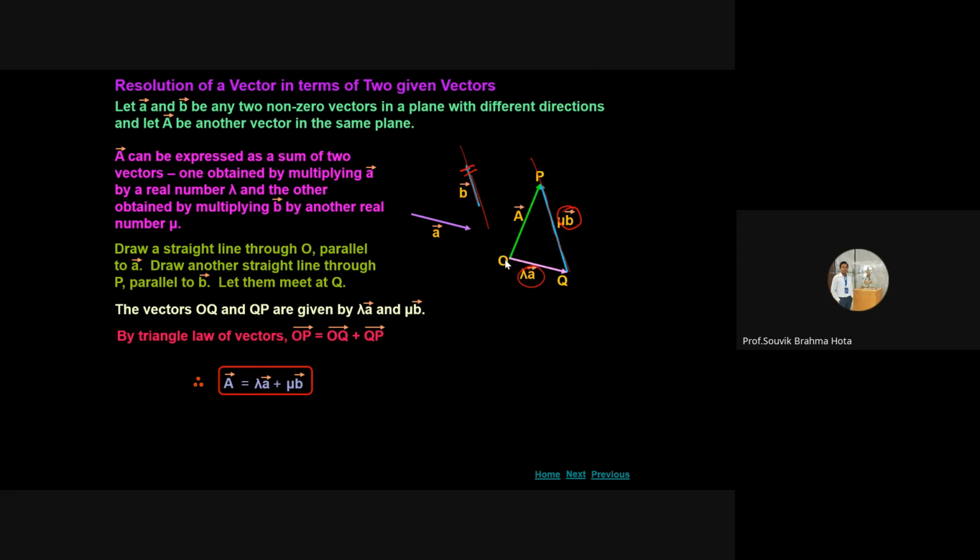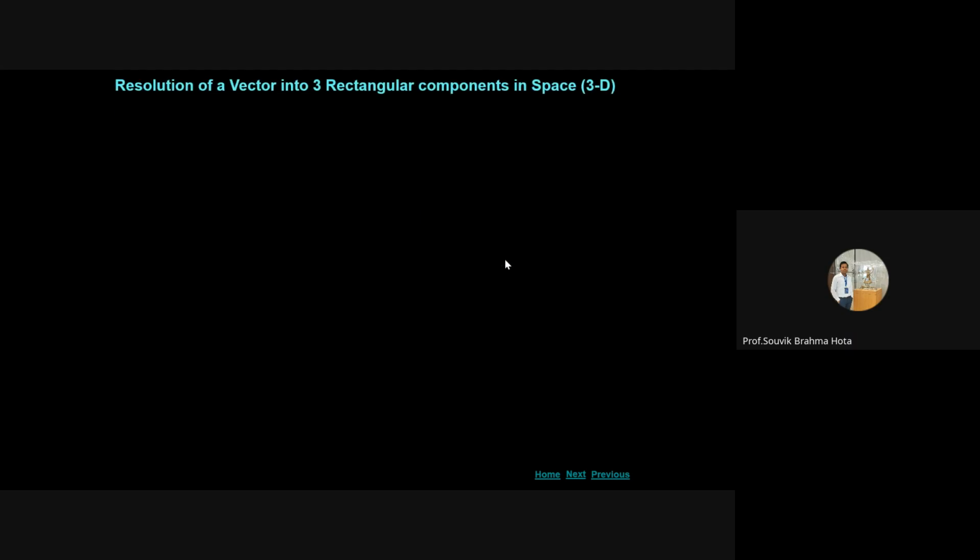It's a very important thing: how to express a vector as a sum of two other vectors in the same plane. You need to draw a triangle with the help of OP and the other vectors, moving the other vectors parallel to themselves and making a triangle, so that you can solve it. So the vector A is said to be resolved into lambda a and mu b along a and b respectively.